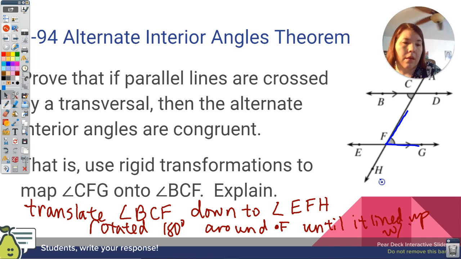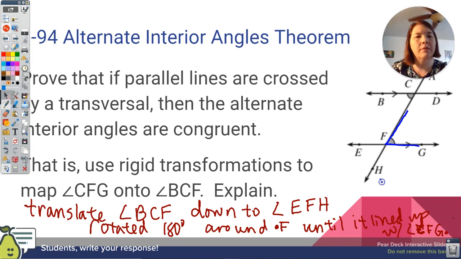with angle, excuse me, angle CFG. And I went the wrong way, but the ideas are still good. It would be translate and then rotate until it's lined up.